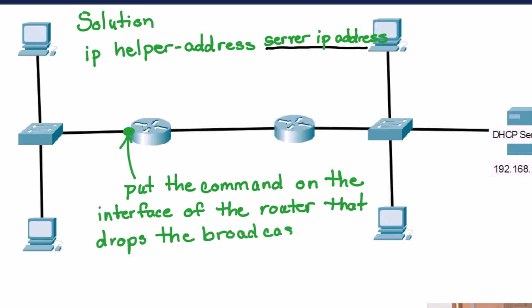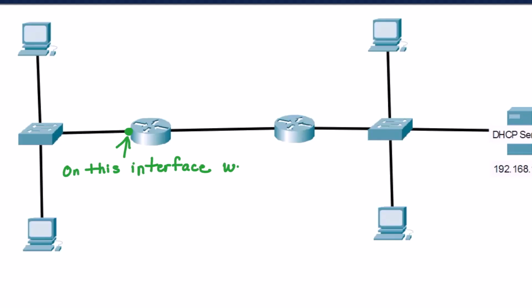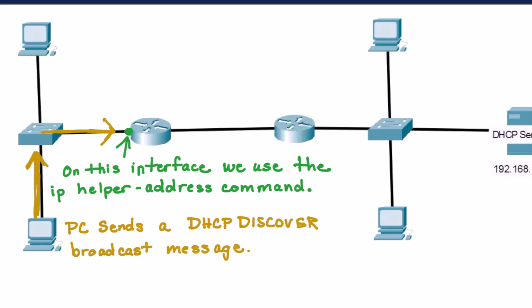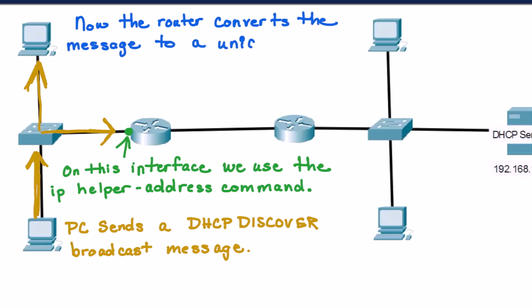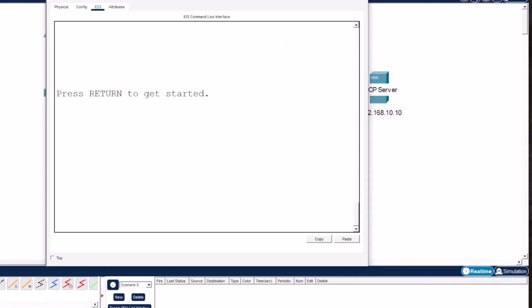But the helper command takes that information and then says, oh, I'll forward your request to the DHCP server. Let's fix this router here on the left so that it will forward the DHCP discover message. Well, it changes it to a unicast message from a broadcast message, but it's going to forward it to the DHCP server, and then we'll be able to get an IP address.